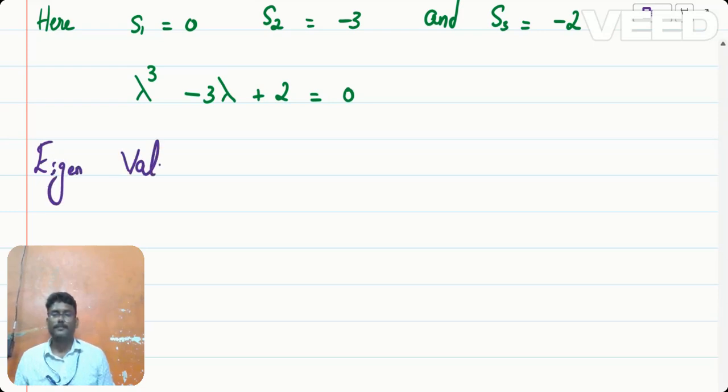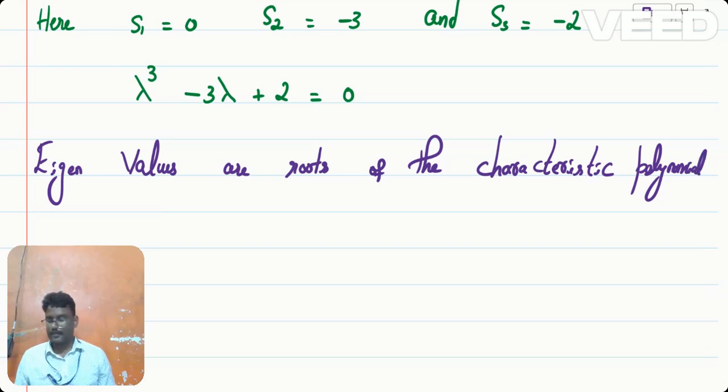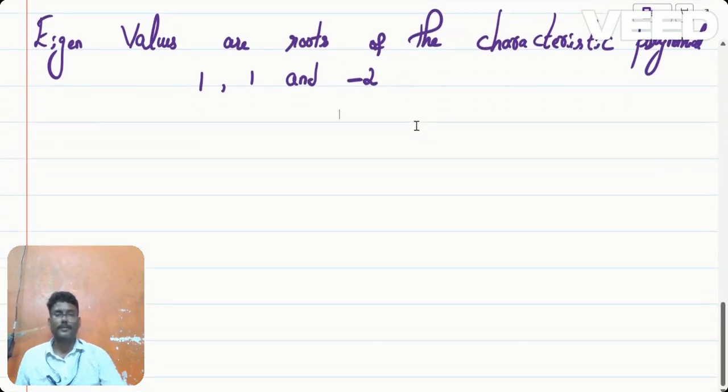Eigenvalues are the roots of the characteristic polynomial, that is 1, 1 and minus 2.